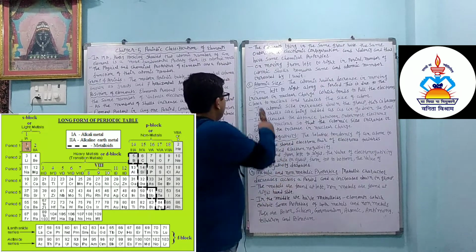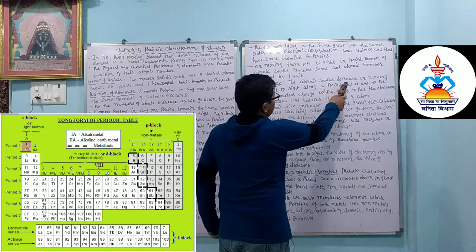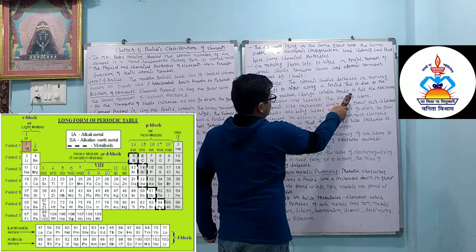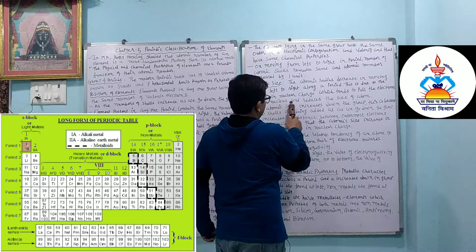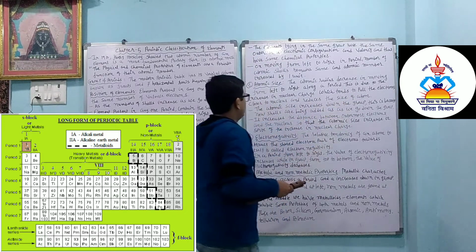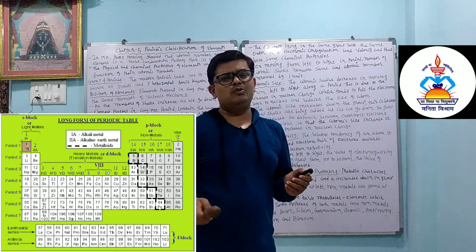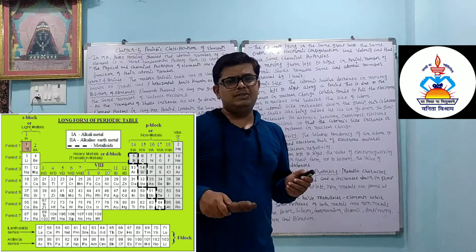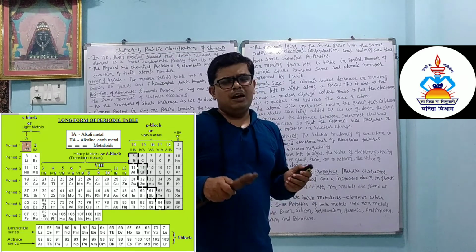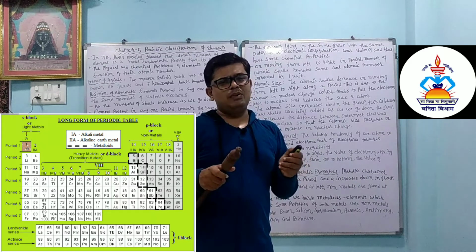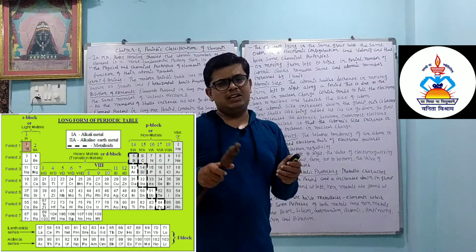Atomic size. The atomic radius decreases in moving from left to right along a period. This is due to the increase in nuclear charge, which tends to pull the electrons closer to the nucleus and reduces the size of the atom. So atomic size decreases in the period because electrons enter into the same orbit, same shell or same energy state, and for that reason there is more attraction between the nucleus, in which protons are there, and the electrons.